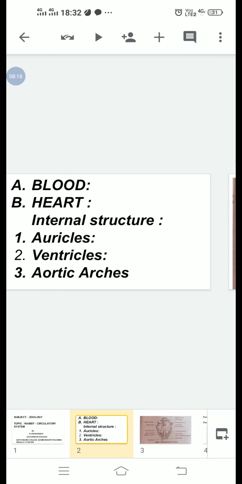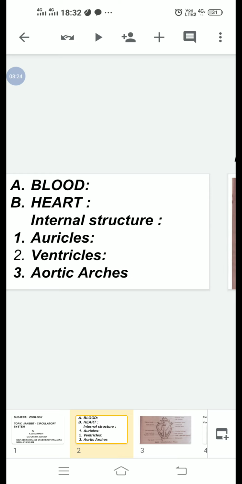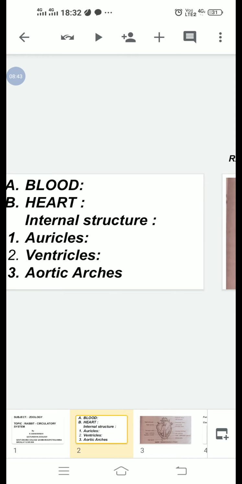But in the adult, this aperture is closed and represented by a small oval depression, the fossa ovalis.